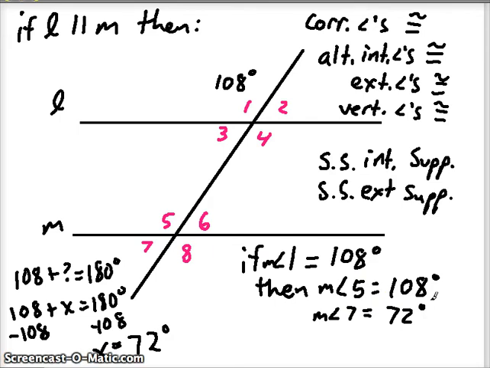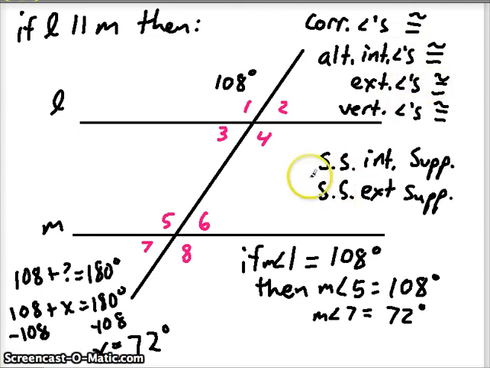So this is just a quick overview here. Again, you apply those same steps to all these types of angles. Look for the type of angle it is. Are they corresponding angles? Are they alternate interior angles? Are they alternate exterior angles? Are they vertical angles? If so, then they're equal in their measurement.